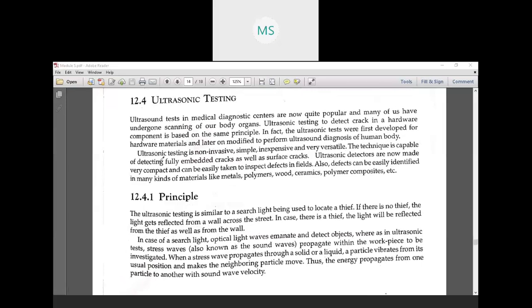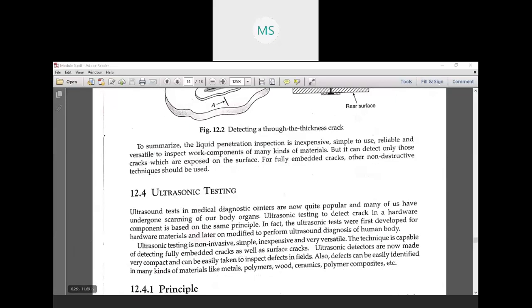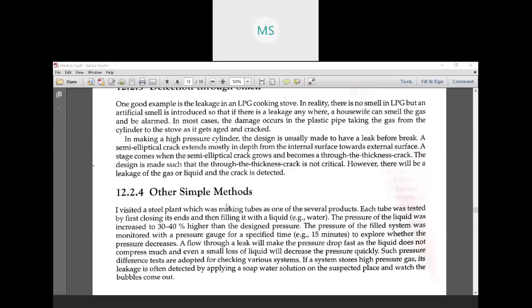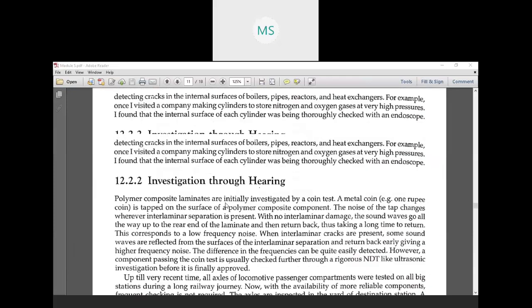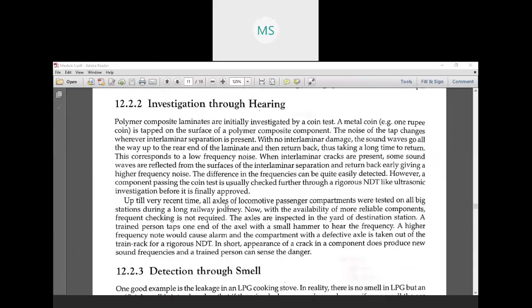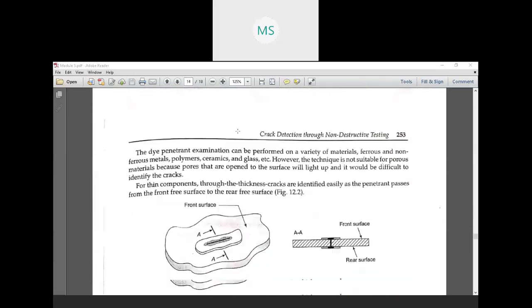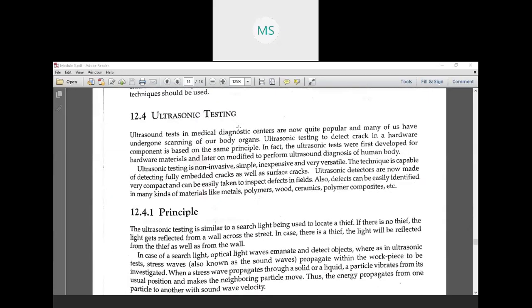As I told you when we were discussing the coin test, hearing is involved. Again with the ultrasonic test, sound plays the same role. So the same thing is going to be discussed.